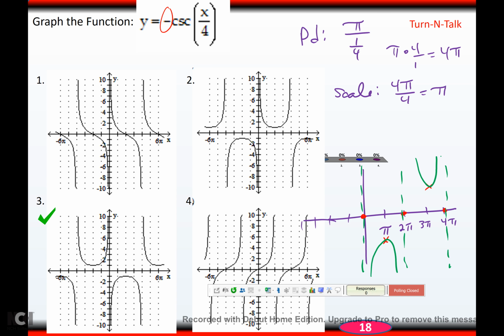Okay, so I'm looking for a parabola at, wait a second here. Yeah, this one would be up here. At 1. That's a cotangent, that's a tangent, so it's between these two. So let's see, how are they counting? This is pi, 2 pi, 3 pi, 4 pi, 5 pi, 6 pi.